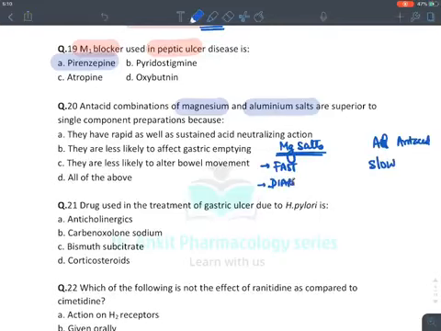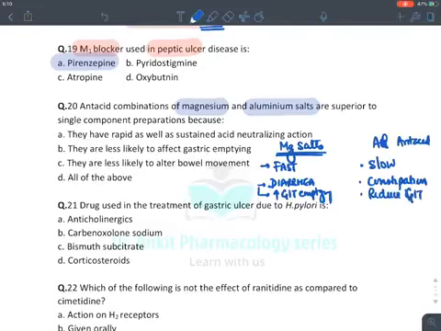Magnesium, remember, produces diarrhea. It has a laxative effect. Aluminium, remember, produces constipation. And similarly, magnesium increases GIT emptying because of increasing motility. Aluminium reduces GIT emptying, stomach emptying or GIT emptying.